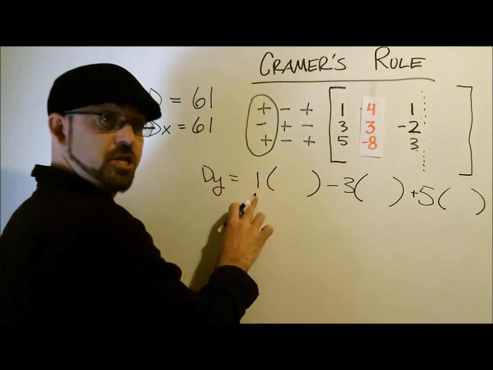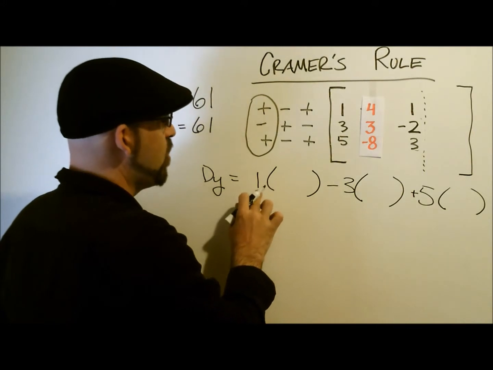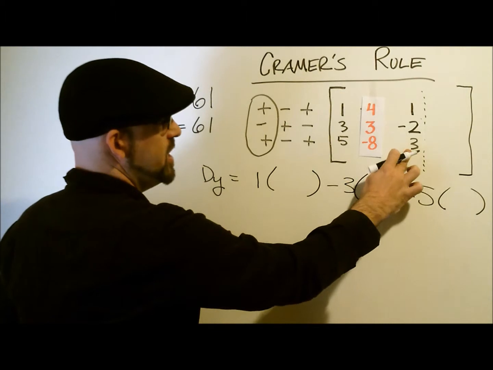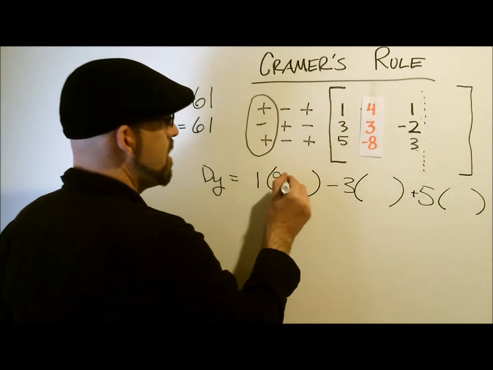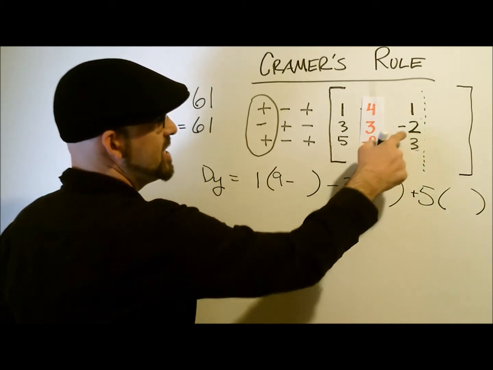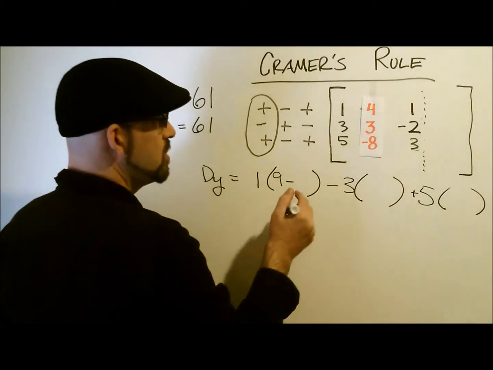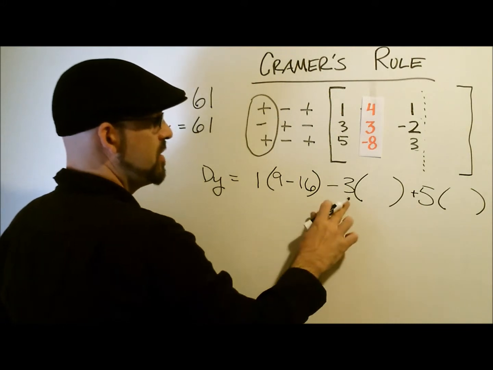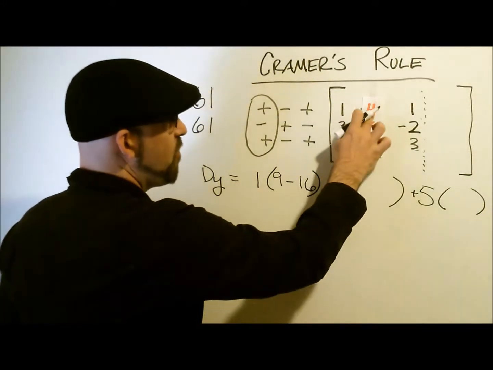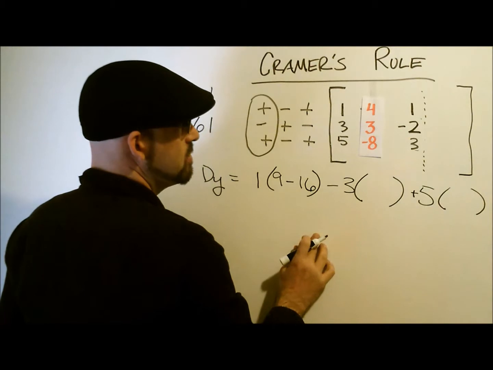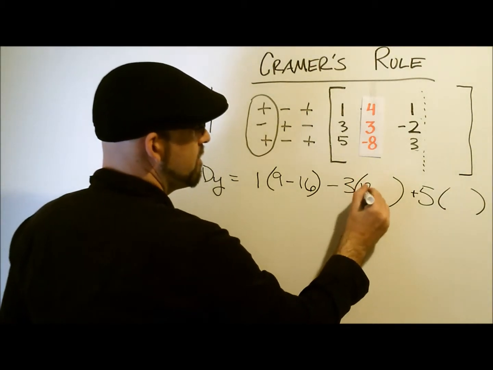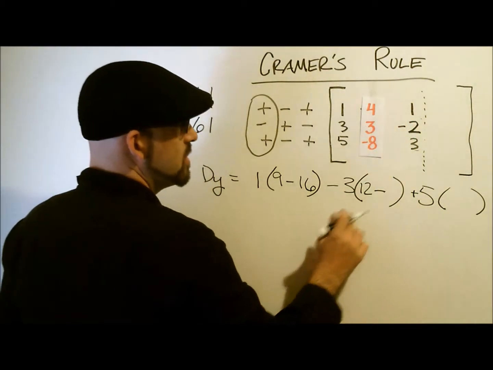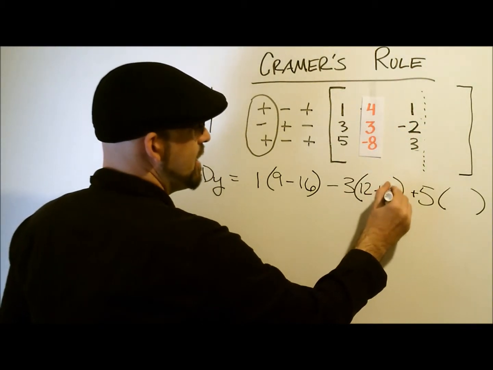Now the minor determinant for the first term is 3 times 3, that's 9, minus negative 8 times negative 2, which is a positive 16. The determinant for 3 is 4 times 3, which is 12, minus negative 8 times 1, so negative 8, make that a positive 8.